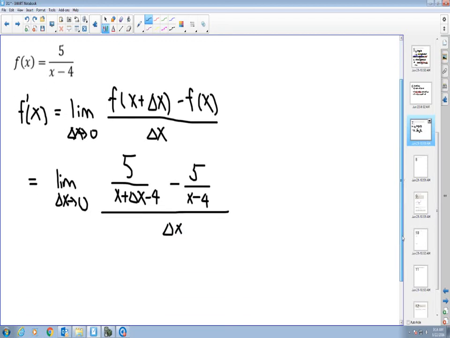All right, so let's simplify this rational expression here. My LCD is the two denominators themselves, plus the denominator of the entire function. So what I can do here is multiply my numerators and the denominator by the three denominators listed. So that will be delta of x times x plus delta of x minus 4 times x minus 4, top and bottom.